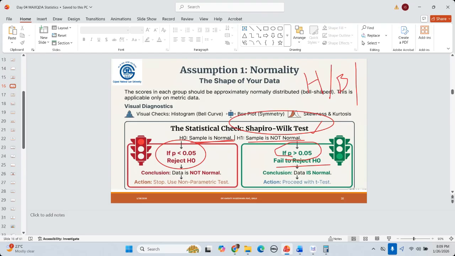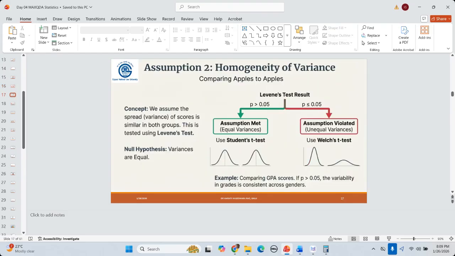Second assumption, for conducting the independent sample test, another important assumption that I need to fulfill: I have two groups, male group and female group, and there is equal variance. I'm assuming that these groups are not different in terms of the spread of data.